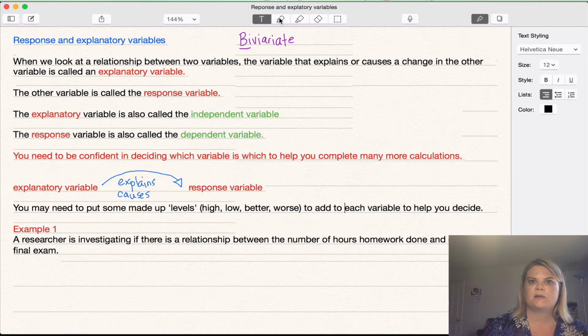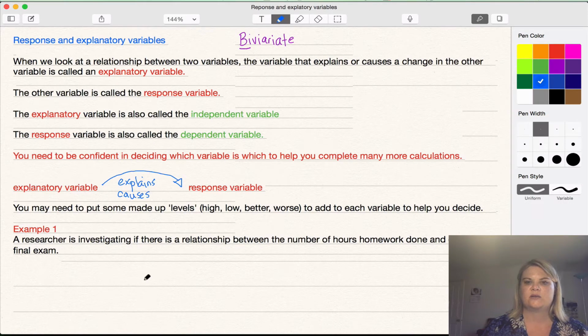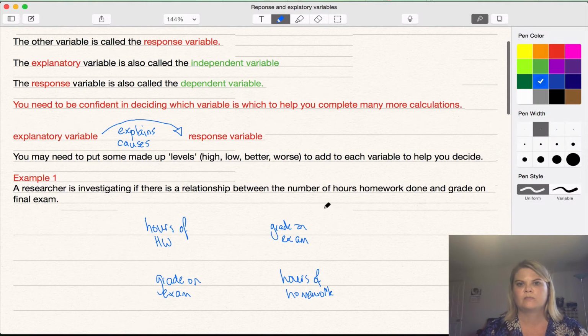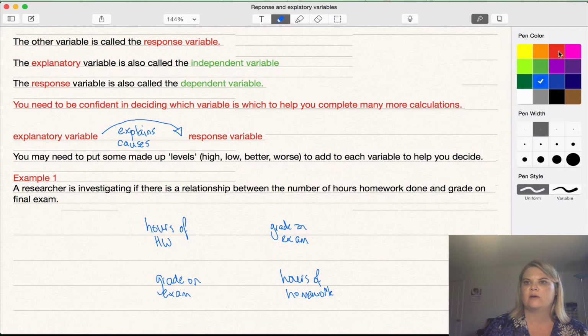So first step I'm going to do is write out our two variables. What I'm trying to do is set up this little diagram with the variables that we've been given. The first variable is hours of homework and the second one is grade on exam. I'm going to draw my arrow because I need to decide if the arrow goes this way or the other way.